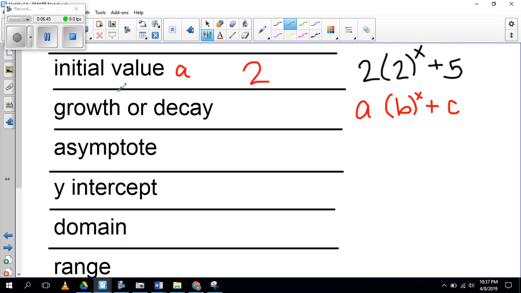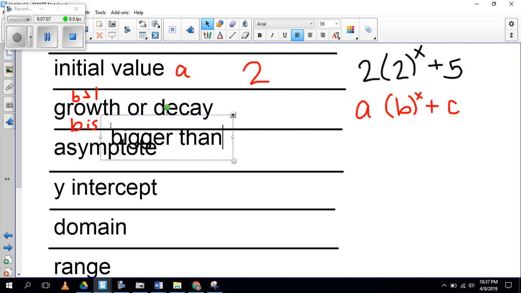Okay, so growth or decay. If it's growing, it's going to be bigger than 1. So your B is going to be greater than 1. So B is bigger than 1, if it's a growth.